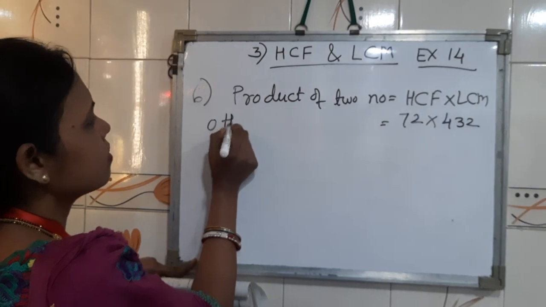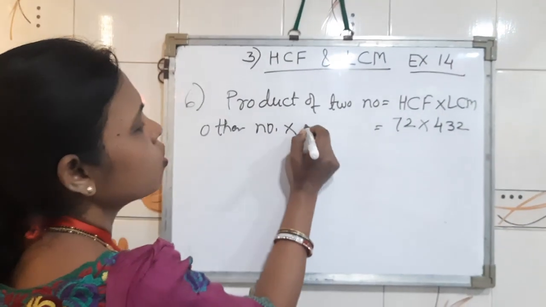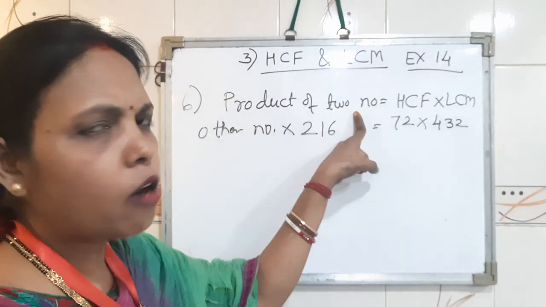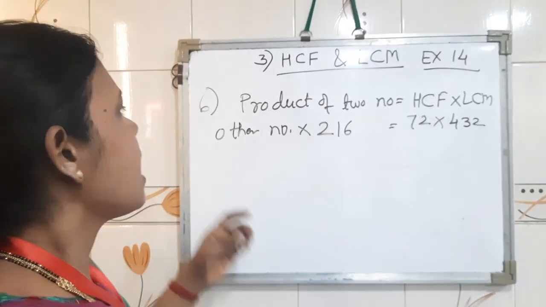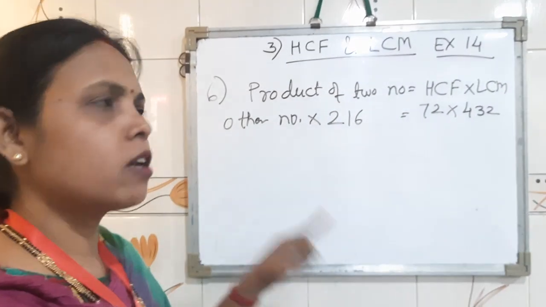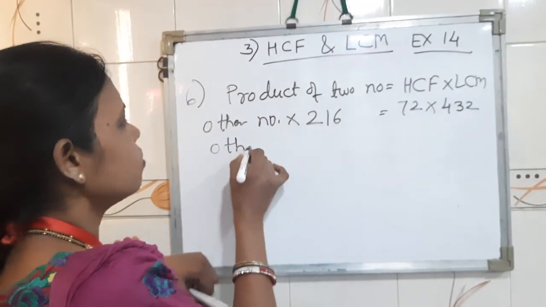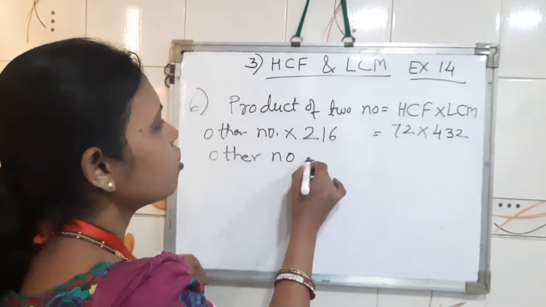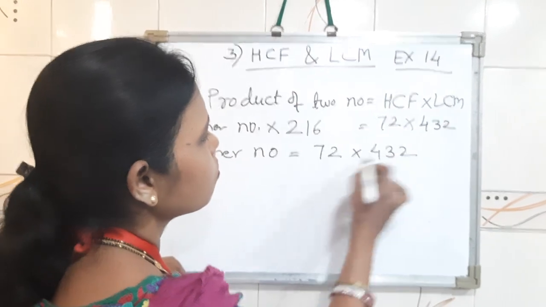If one of the numbers is 216, what is the other? Other number into 216. Product of two numbers. Out of two numbers, one number we know, 216, and the other number we are going to find out. Then other number equals 72 into 432 divided by 216.